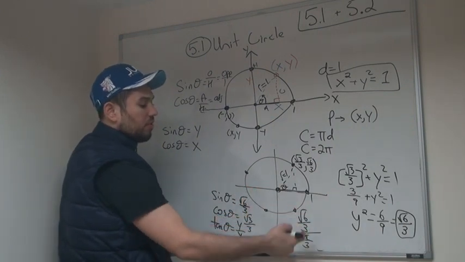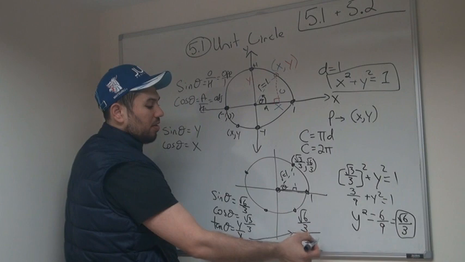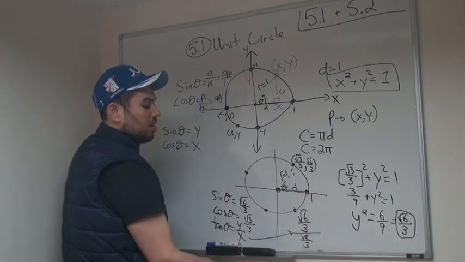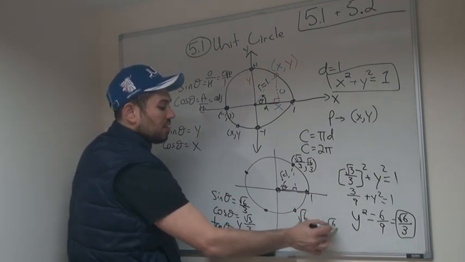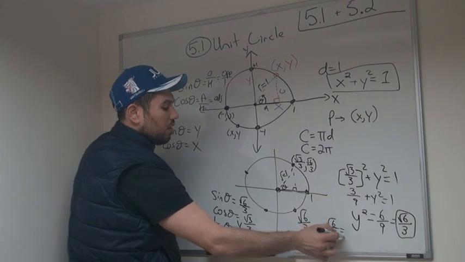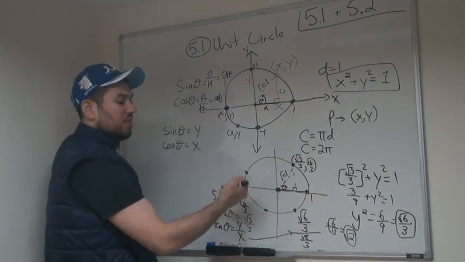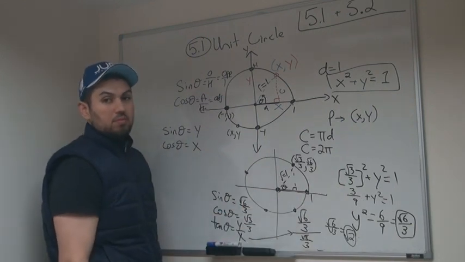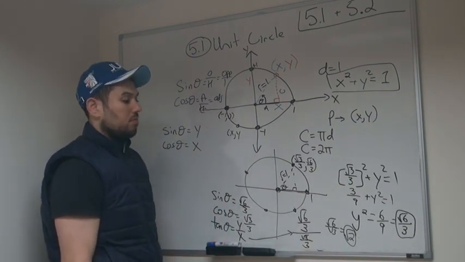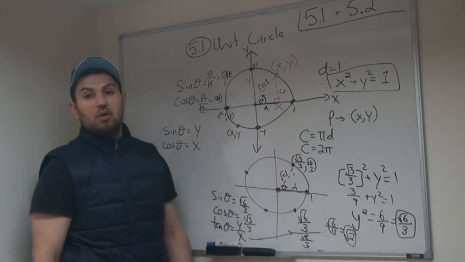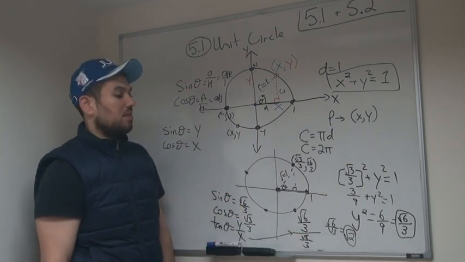So root 6 over 3 times the reciprocal of the denominator would be root 6 divided by root 3, or just rad 2. So the tangent of this angle would be radical 2. And you should remember this based on our radical properties that we learned in class in chapter 1.